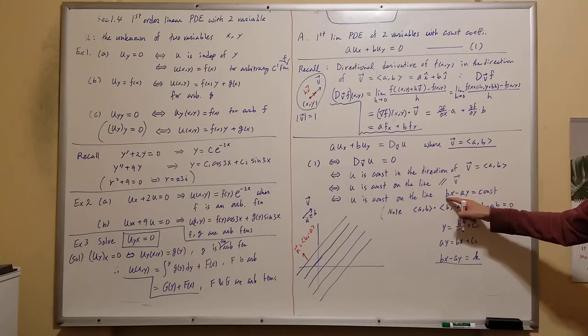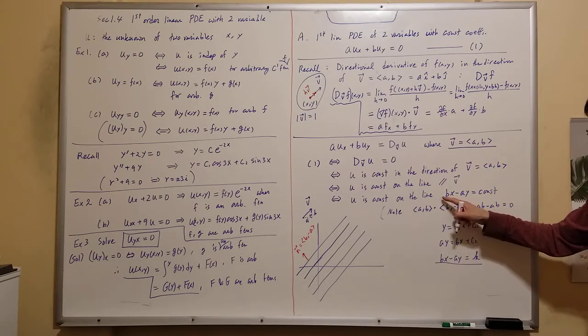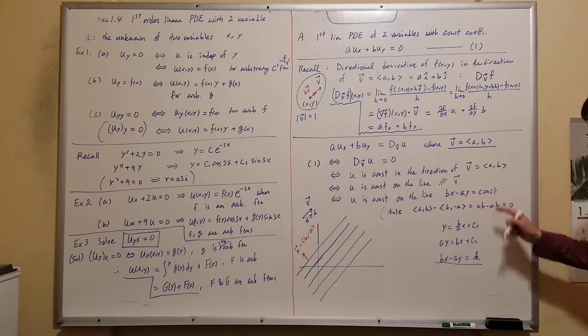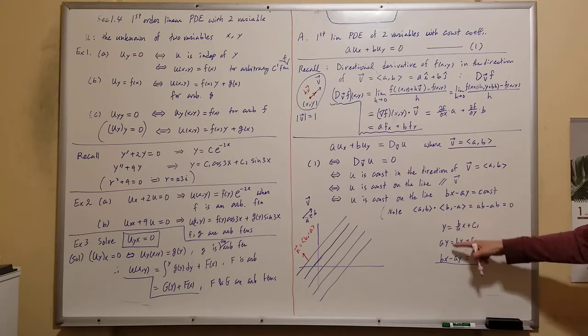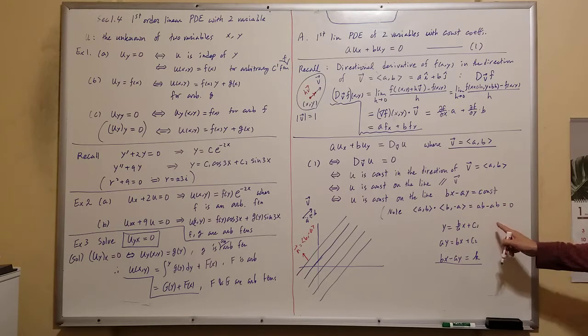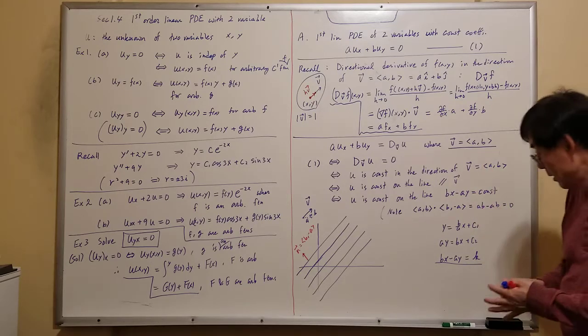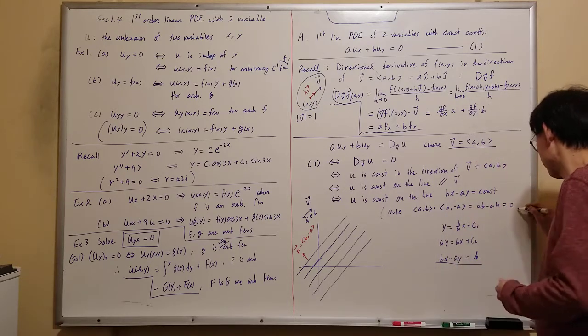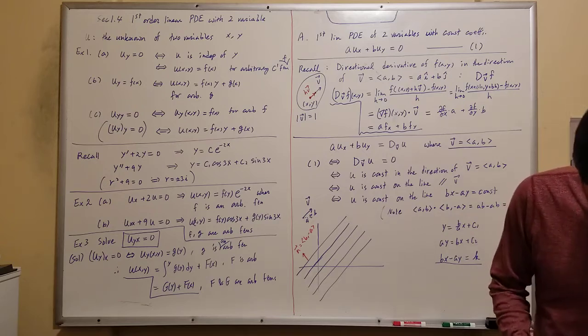Just like a plane equation, you can use the normal vector dot product with (x,y) equal to a constant. Either you get it this way, at elementary pre-calculus level, or using the parallel arguments as in the derivation of the plane equation, same thing.